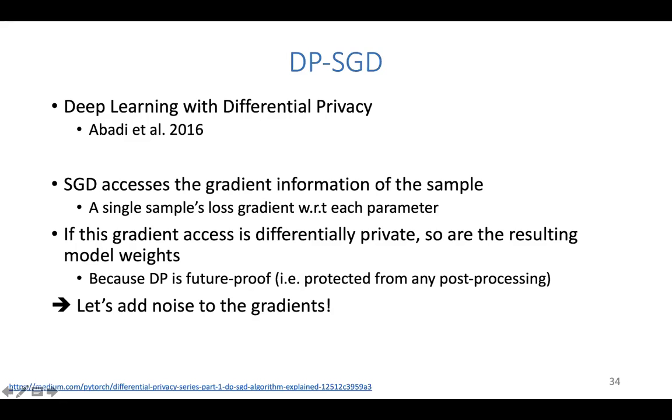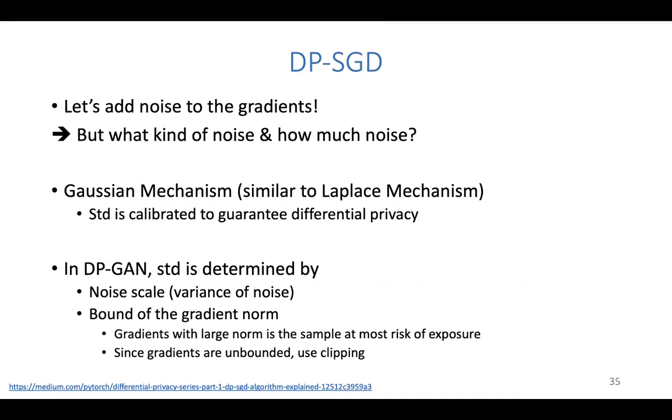So simply adding noise to the gradient is the whole idea behind DP-SGD. But then you need to carefully design how to add noise to actually guarantee epsilon differential privacy. That is the whole point of the paper. What kind of noise and how much noise, that is the point. In this paper, they use something called the Gaussian mechanism, which is very similar to the Laplace mechanism.